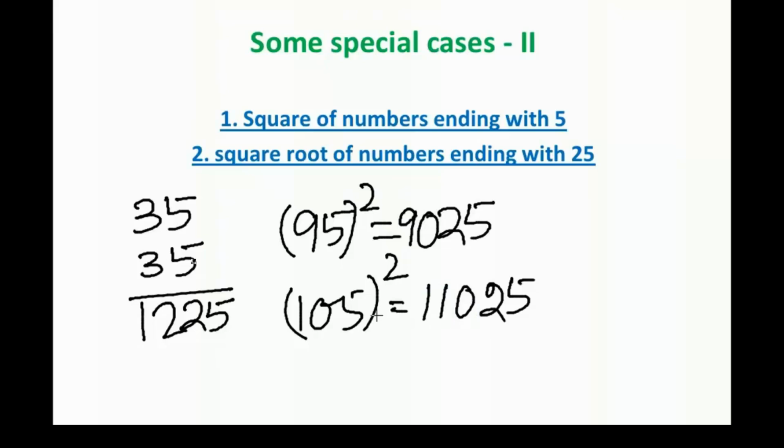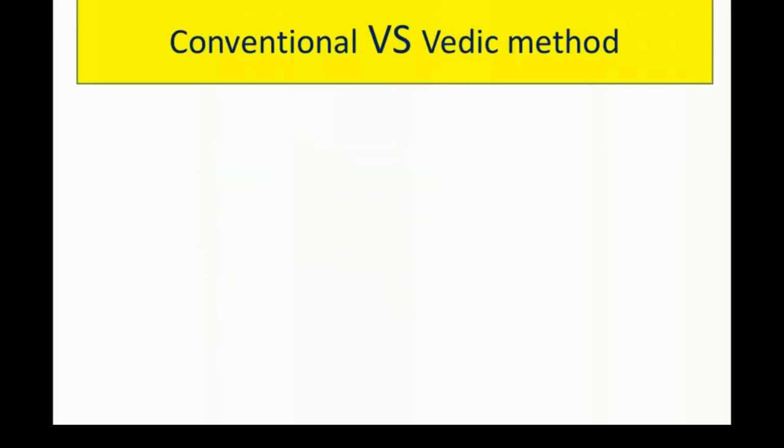First thing is the square of a number ending with 5. It is quite simple from the last example. Let's say I want to find the square of 35.